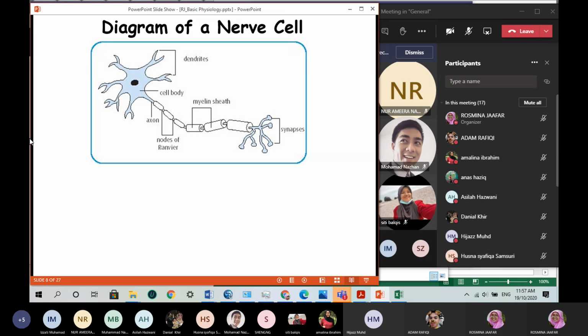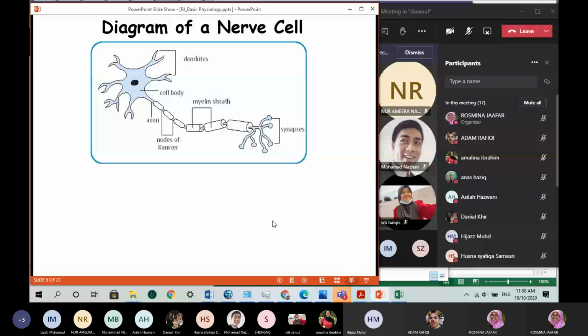But we have a built-in memory where we know a hot object is dangerous, it's not safe, you remove quickly. And it happens because the nervous system detects the danger. So there you see the process of negative feedback occurring within the system to maintain the homeostasis.